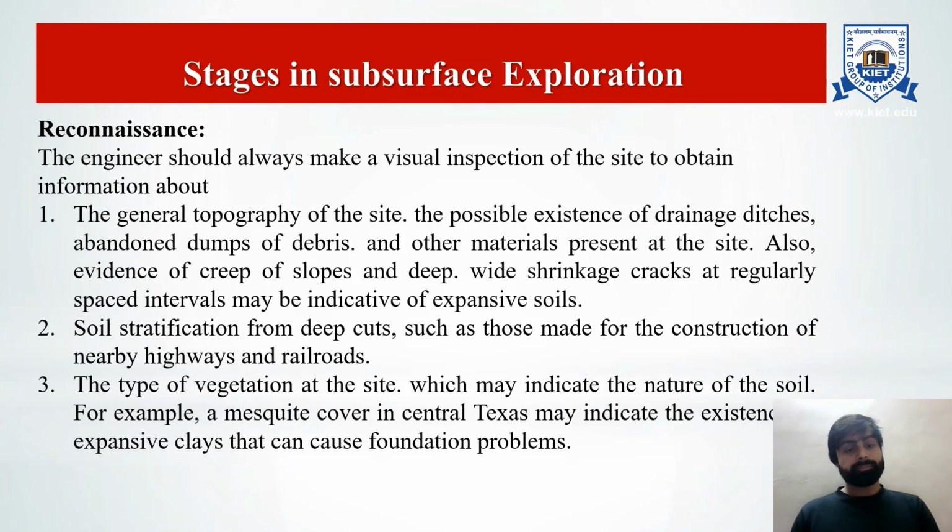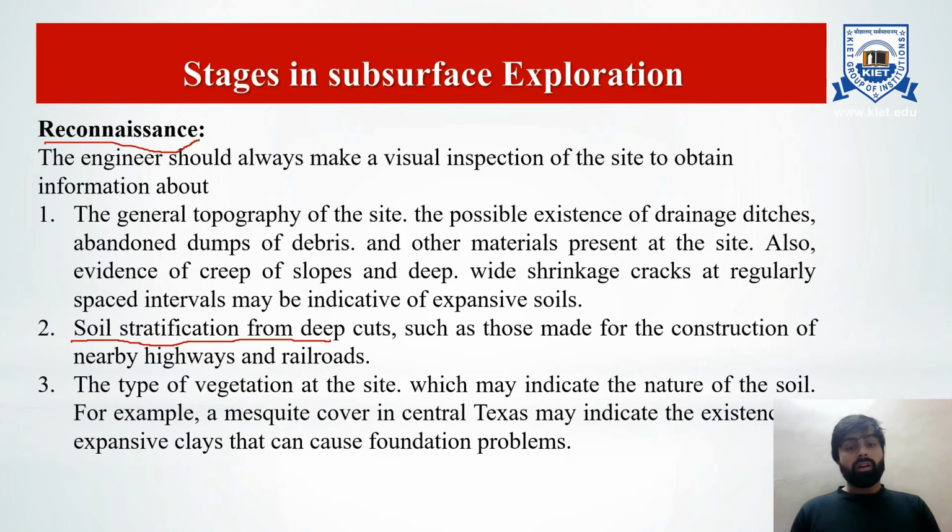This information on soil stratification we can get from reconnaissance by doing the survey first. The type of vegetation at the site, which may indicate the nature of the soil.